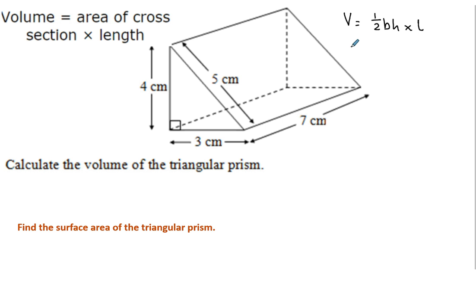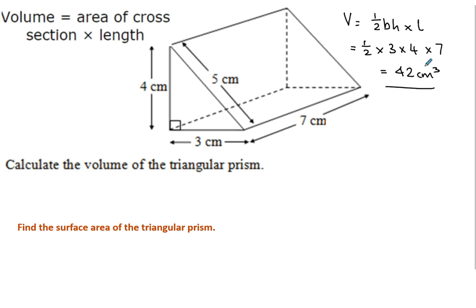And we do it all in one go. So we've got half times 3 times 4 times 7. Half of 12 is 6, times 7 is 42 centimeters cubed.